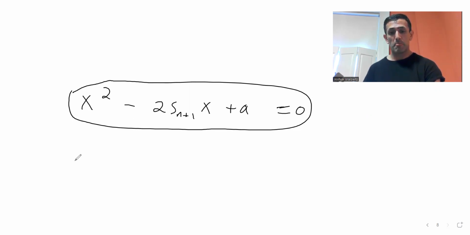Remember, it's square root of b squared minus 4ac.